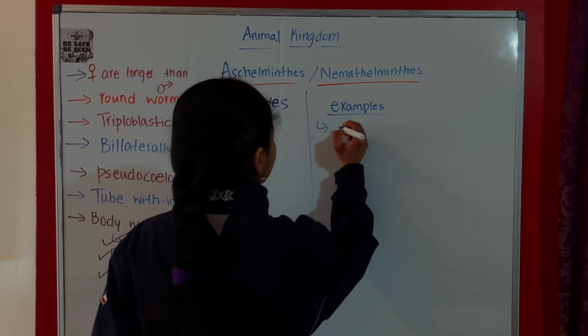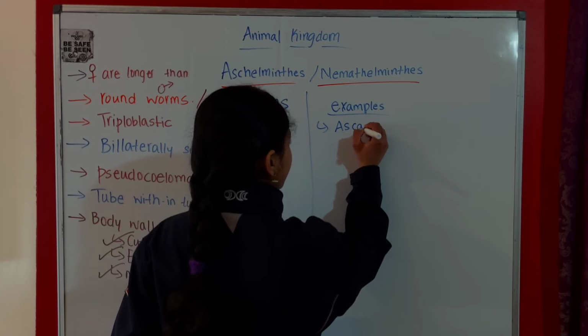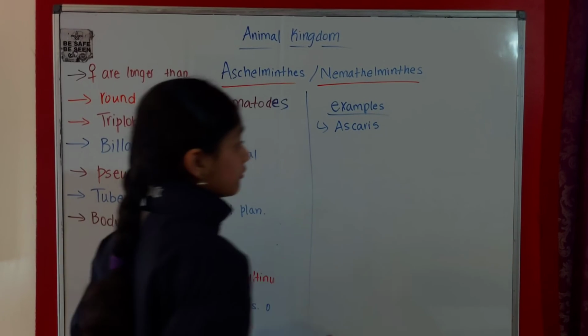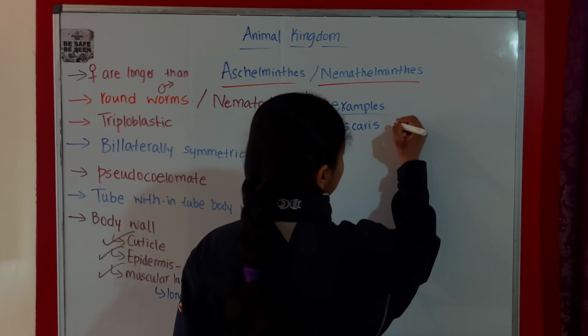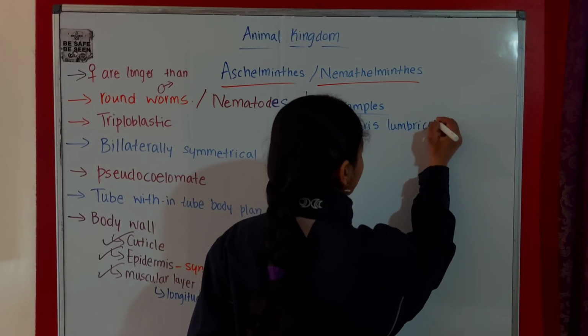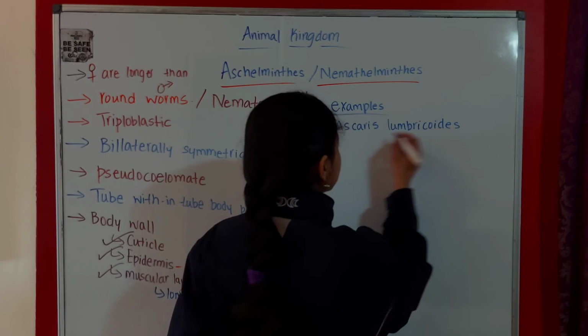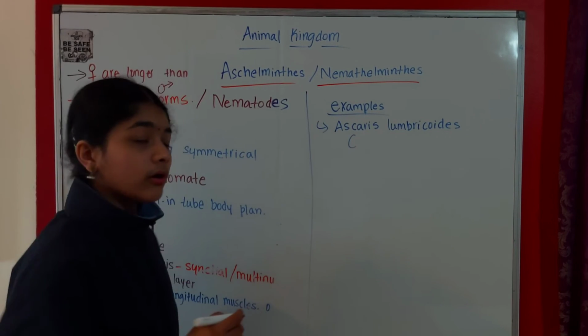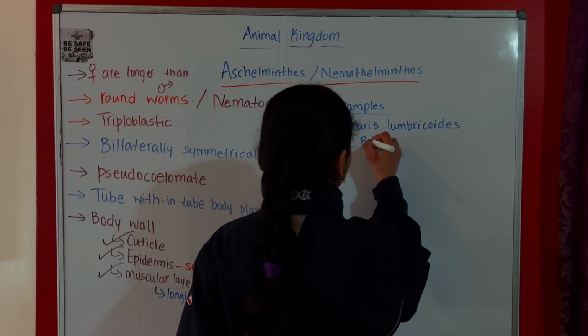The first important example is Ascaris. If we have to be very specific, it is Ascaris lumbricoides. This is the common intestinal worm or common roundworm.